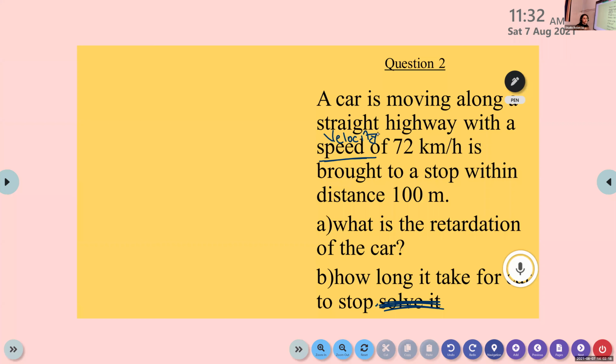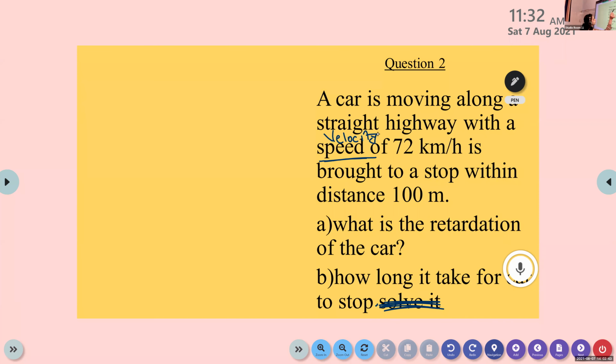What type of velocity is given here? We have two types of velocity, initial velocity and final velocity. What is the nature of velocity given here? Initial. Yes, very good. It is initial velocity, because from this question itself you can find it.